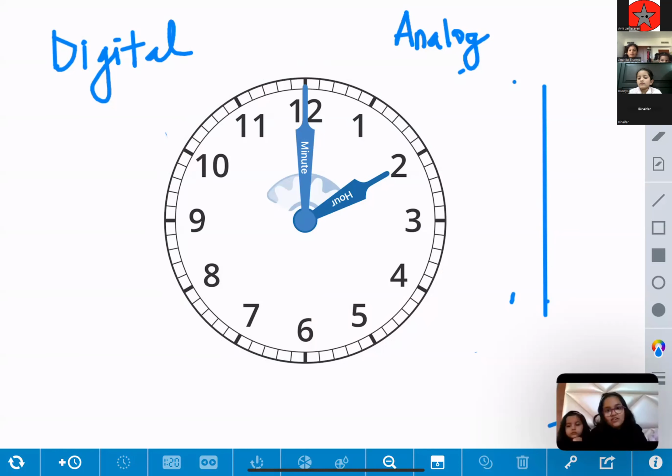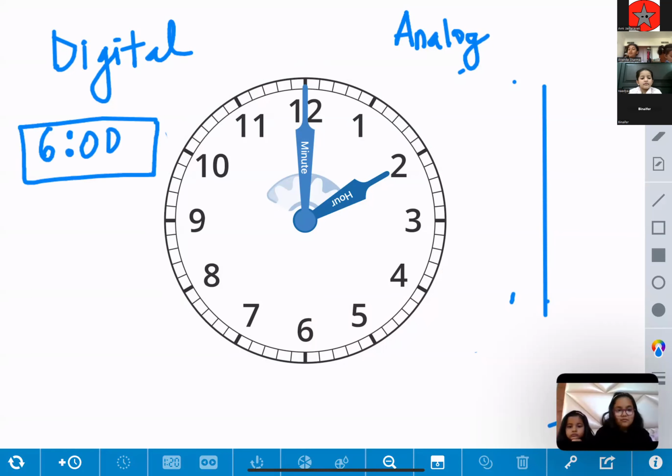In analog, there is like o'clock. We write o'clock in analog, we will write it in sentences, right? Yes. And in digital, we will write in numeral form, like this, right? So now I don't know if it is morning or evening. Along with this, what should I write?